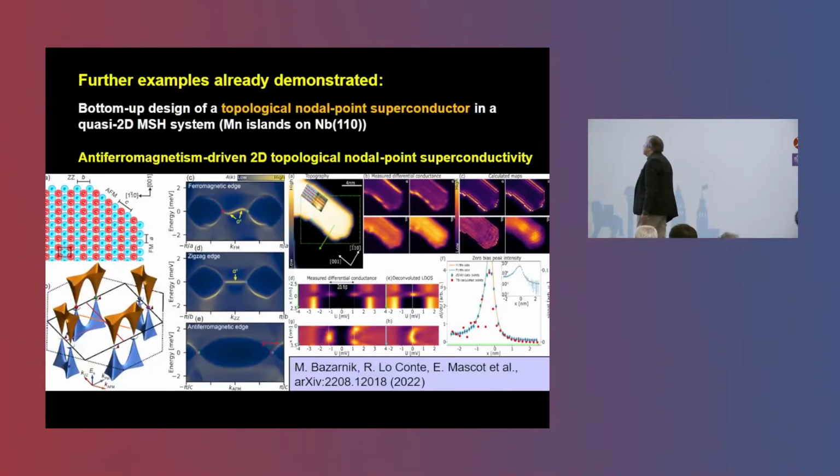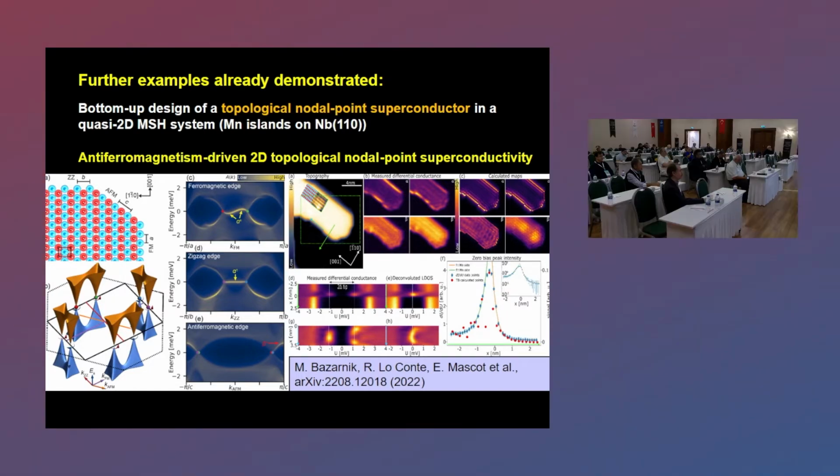You can go on and look, for instance, for topological nodal point superconductivity, as has also been theoretically predicted. In this case, you can just go for manganese islands, which have an antiferromagnetic ground state, interacting with a superconducting niobium substrate.